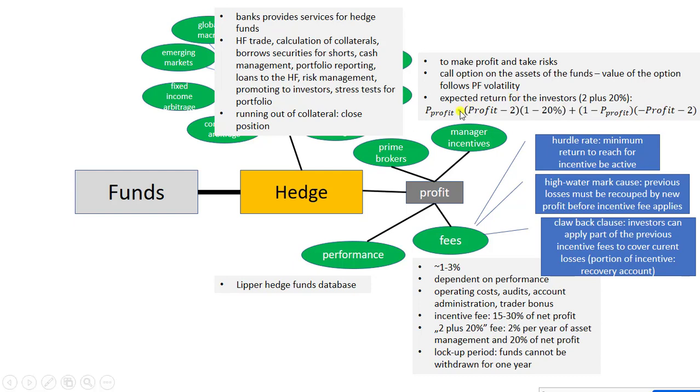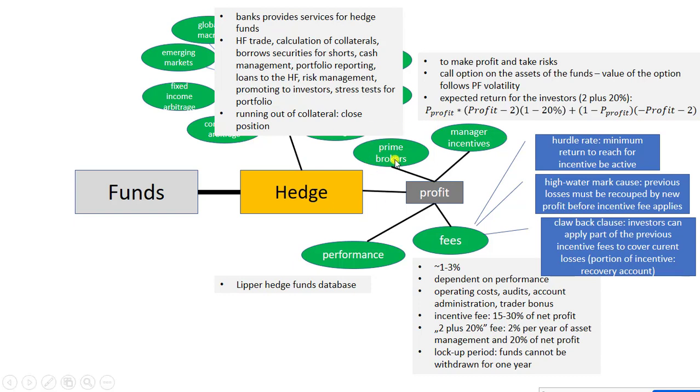So in this case, when we have to calculate the expected return for the investor, we can say: this is the profit minus 2, then 1 minus 20% of the profit, then we can do the following calculations, and then we have the expected return here.